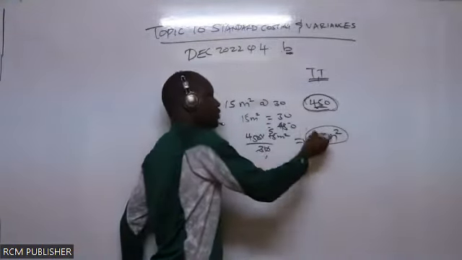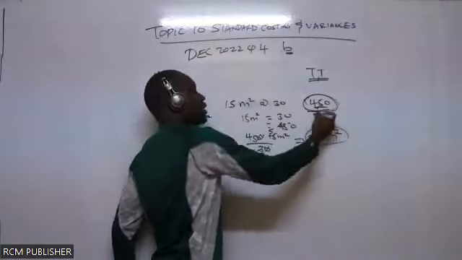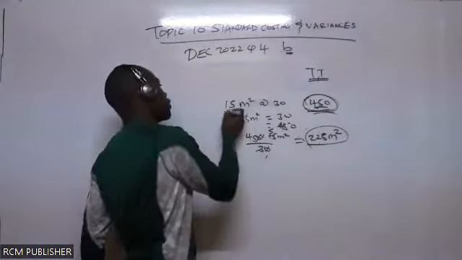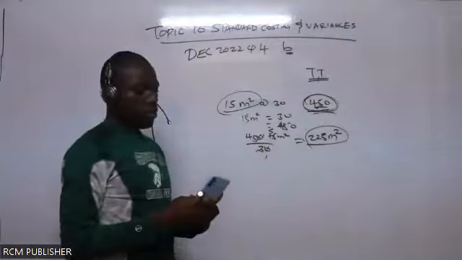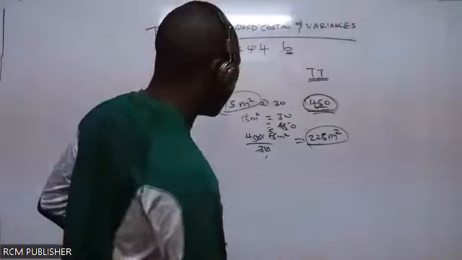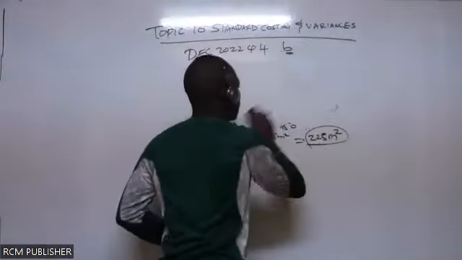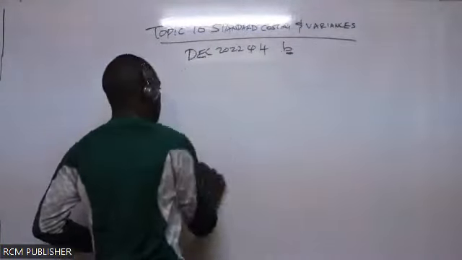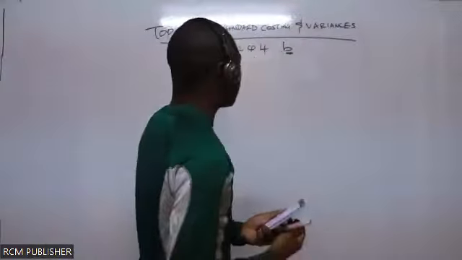So it is this one here that you are now going to convert again to get the shillings into 450 and also get your 15 meters square. We are going to see that in August sitting. August of 2022, you are going to be able to see the standard cost card that we are talking about.